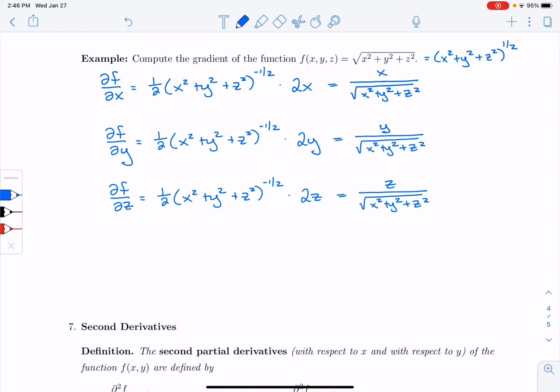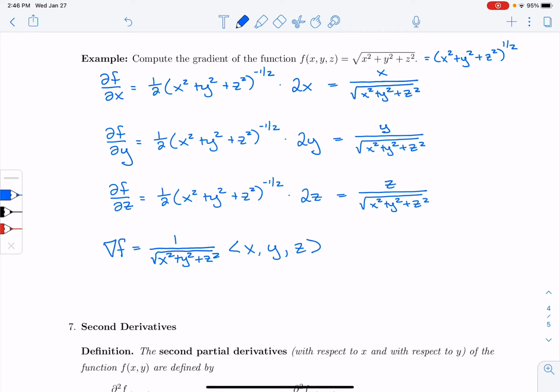So what's the gradient of f going to be? Well, it's going to be a vector that contains all three partial derivatives. I'll notice that 1 over the square root of x squared plus y squared plus z squared appears in each of those partial derivatives, so I'm going to factor it out of my vector. And I'm left with just x, y, and z.